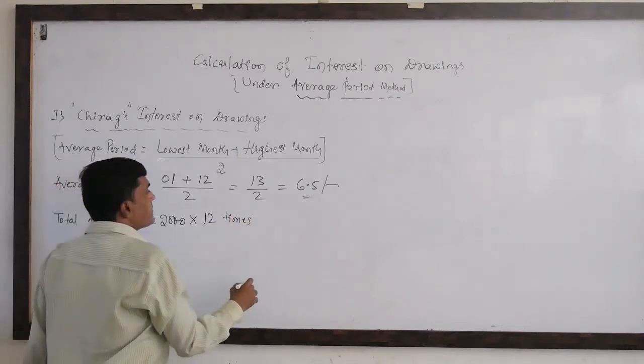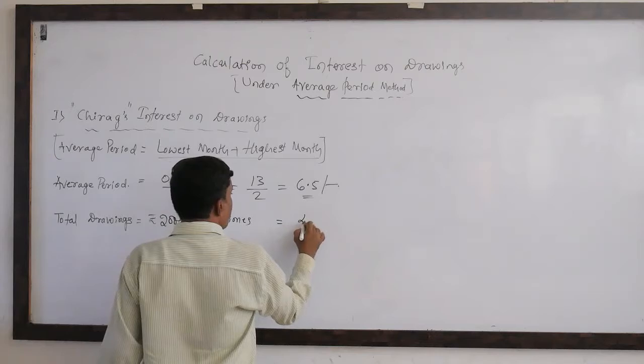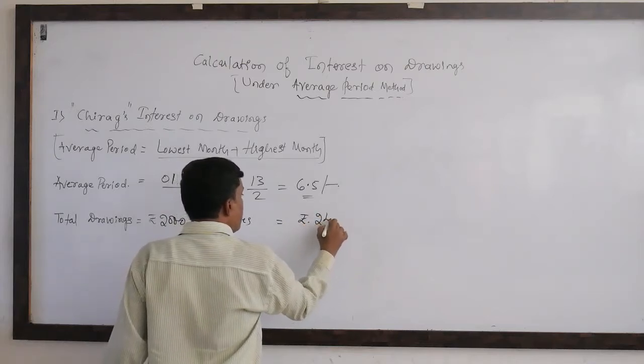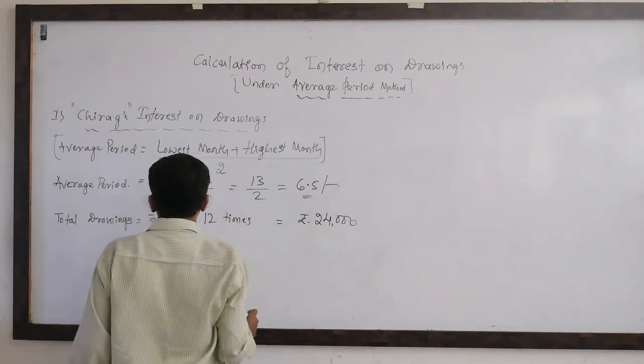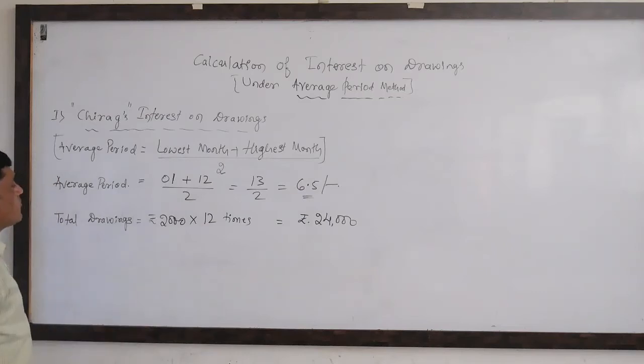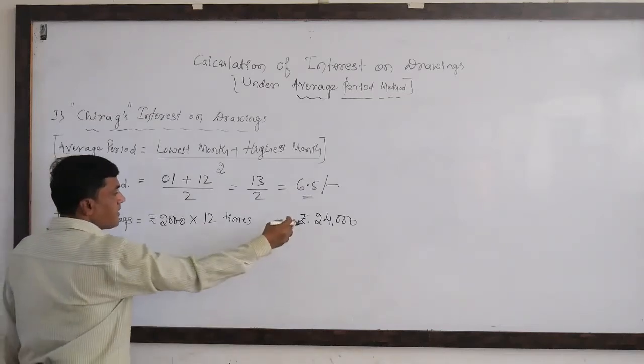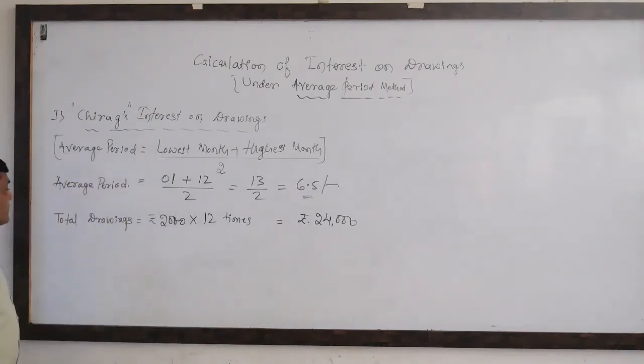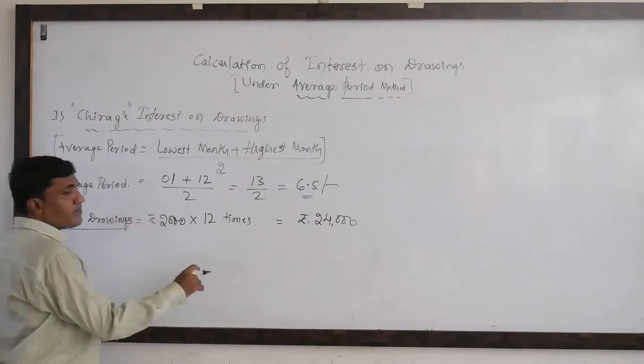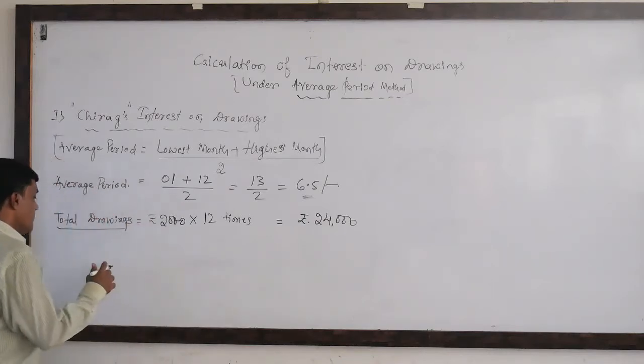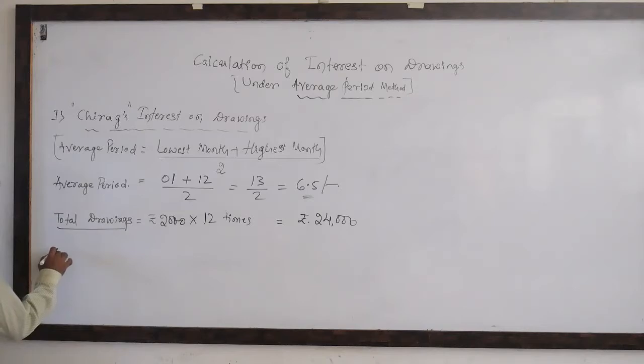So his total drawings are rupees 24,000. 12 twos are 24, so you get rupees 24,000 as the total drawings made by Mr. Chirag.